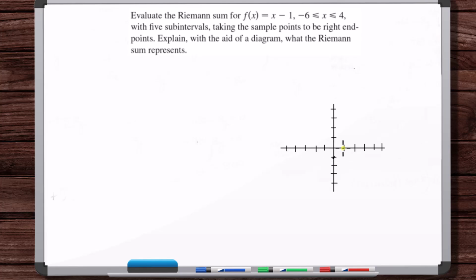So we can draw a line going through those 2 points. Let's make sure we go all the way to minus 6.